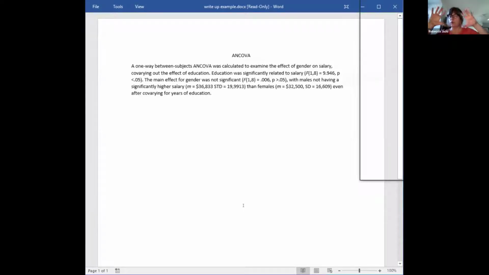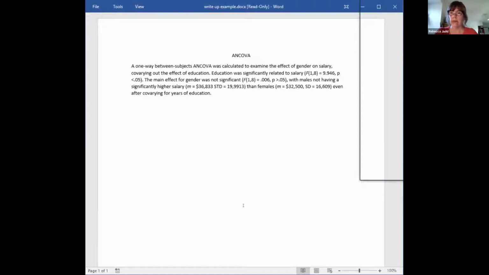Again, I know that you've seen from the other things, you do your descriptives and provide your means and all that. But just for this part, you would say something similar to: a one-way between subjects ANCOVA was calculated to examine the effect of gender on salary, co-varying out the effect of education. Education was significantly related to salary.